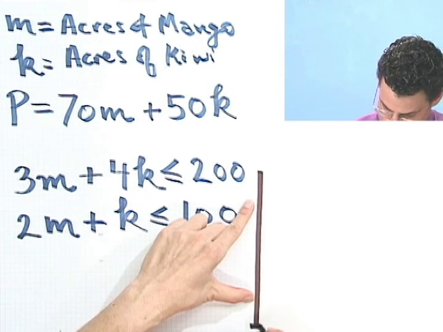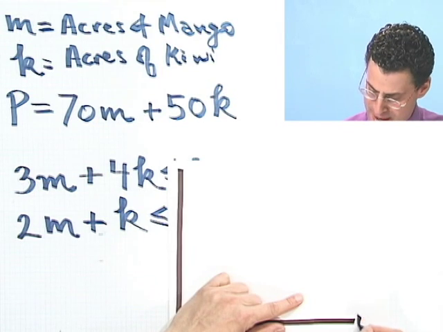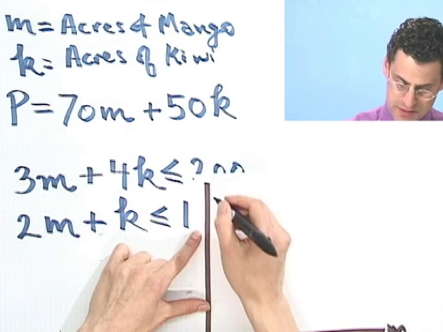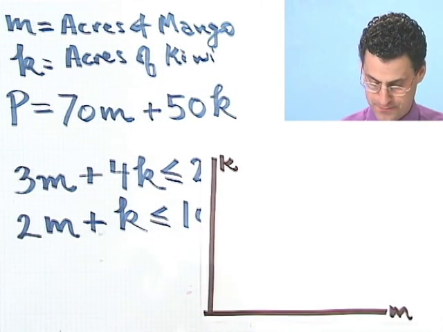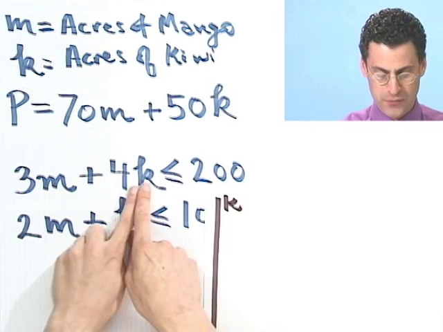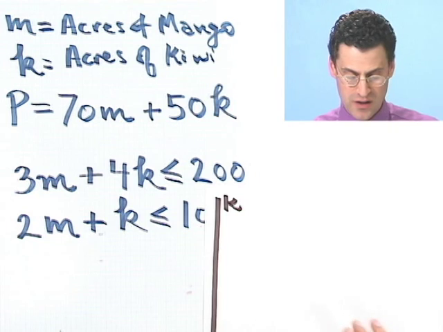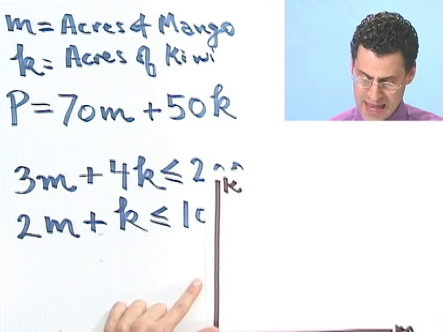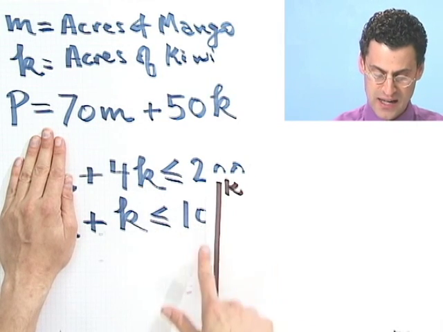So here are my axes. Let me have this be the M axis, the mango axis, and let's have this be the kiwi axis. That's what I'm graphing here, m's and k's. So to graph the first thing, I see 3m plus 4k, and let's suppose it equals 200 at first. So let's just put in that line somewhere. So I'll find the intercepts. If I let m equal 0, that will tell me what height I am here.